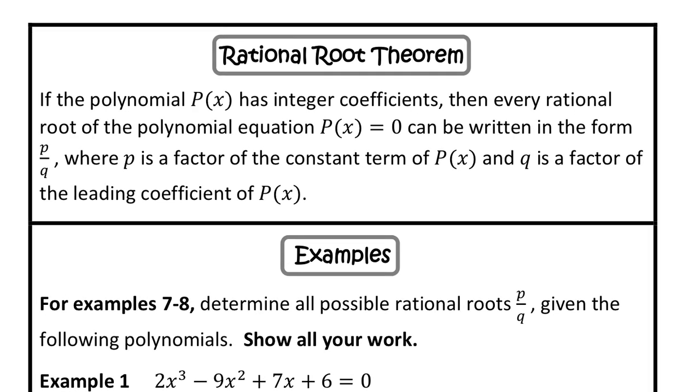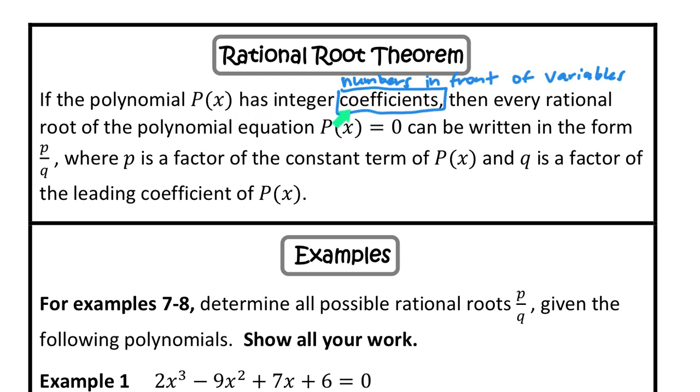Okay. The last thing is the rational root theorem. If the polynomial p of x has integer coefficients, again, coefficients are numbers that are in front of the variables. Okay, so that's what a coefficient is.